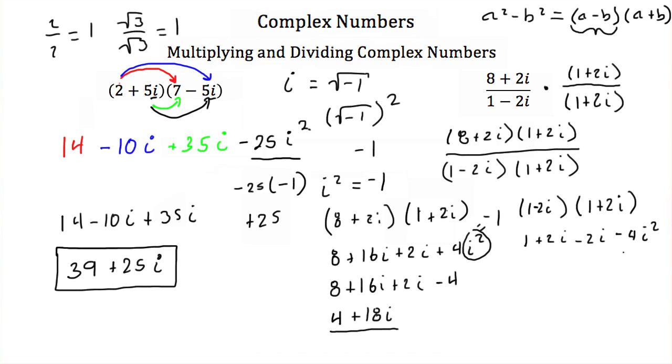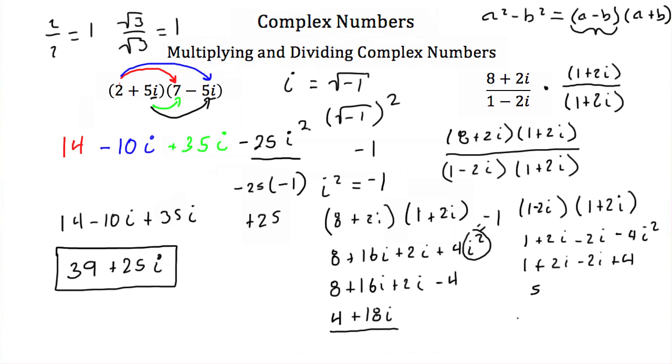But again, i squared is equal to negative 1. So this is 1 plus 2i minus 2i plus 4. Because a negative 4 times a negative 1 is just positive 4. Again, we add our like terms. 4 plus 1 is 5. 2i minus 2i is 0, so we just have a 5.